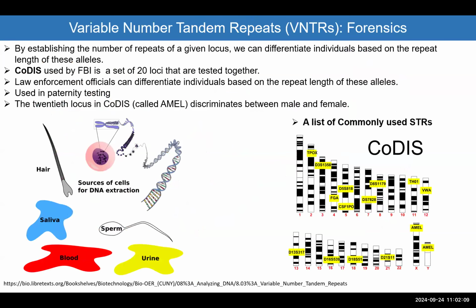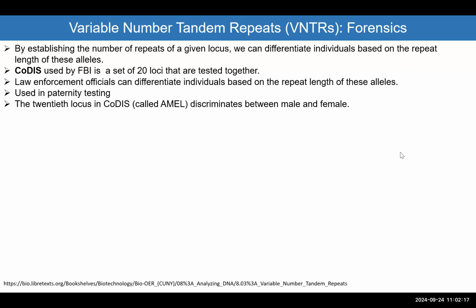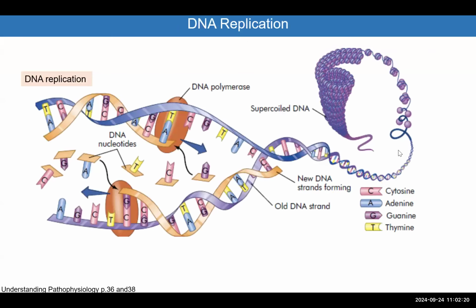these steps. And as I said, one of the steps was to amplify the DNA with a PCR. So I'm assuming most of you know what PCR is, but let me go and describe it for those who didn't do much molecular biology and cell biology. If we come back to the DNA replication, we said that in order to amplify the DNA, we would need to first unwind the DNA.